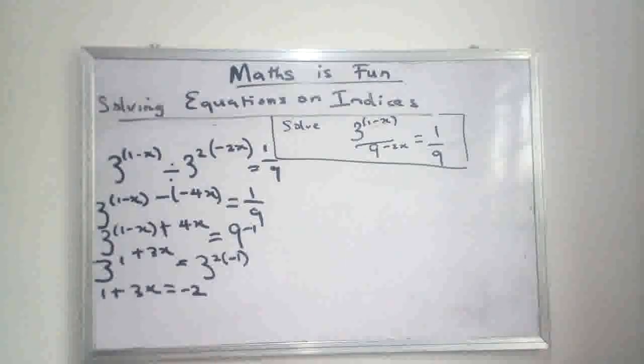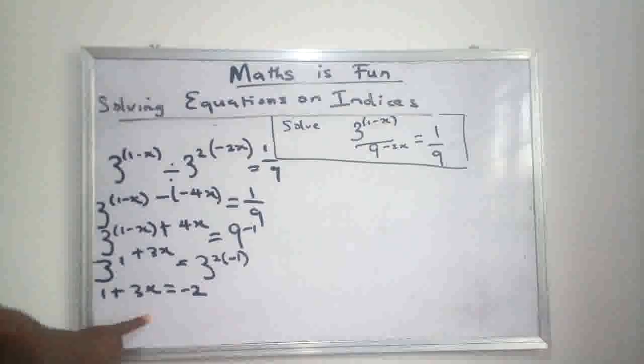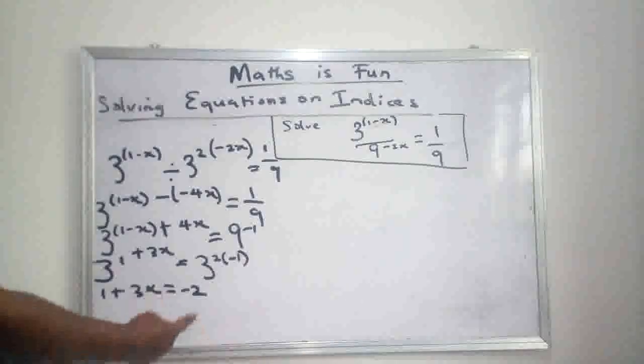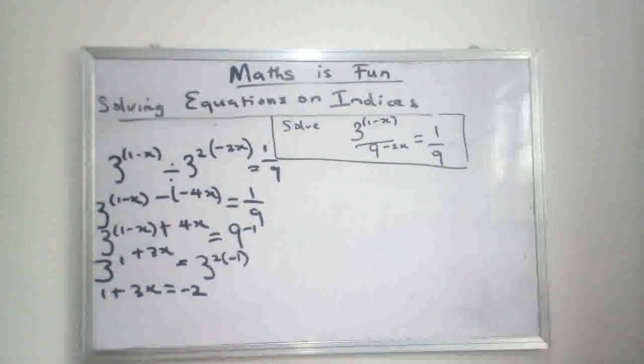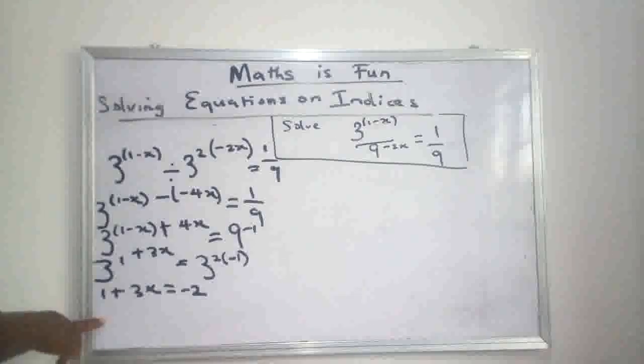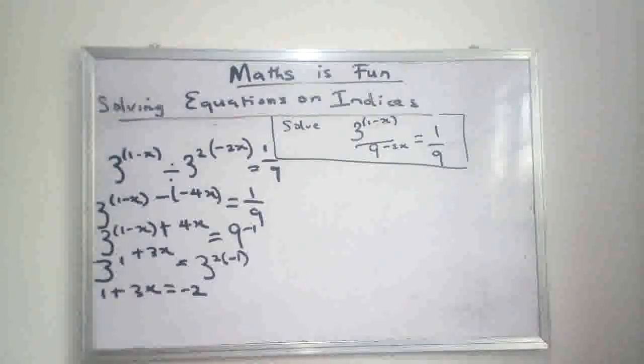Please be careful of the signs, because if these signs are misplaced, it could actually affect your entire result. At this point, we collect like terms. This one has x. There's no other number here that has x, so it is just the 1 and 2 that need to meet each other.